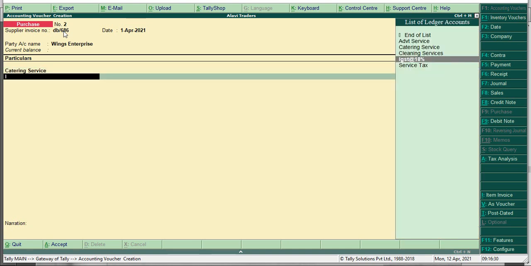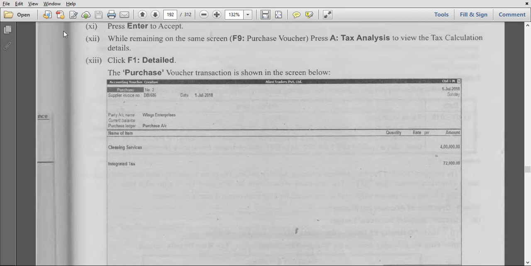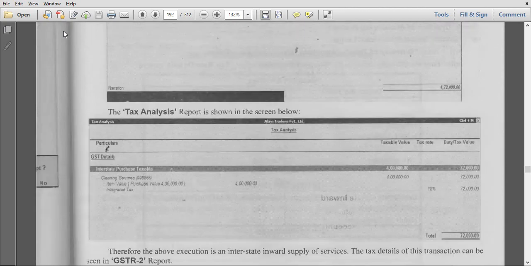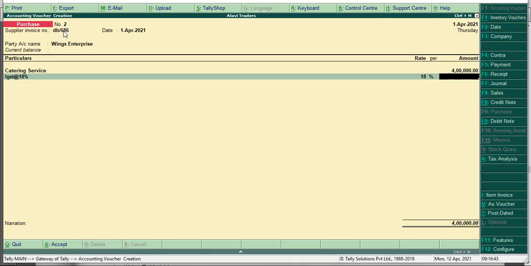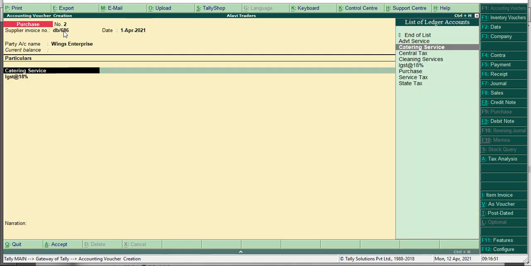Next, integrated tax. Something went wrong.